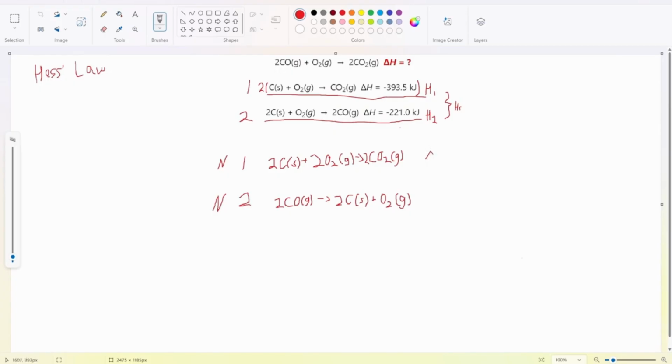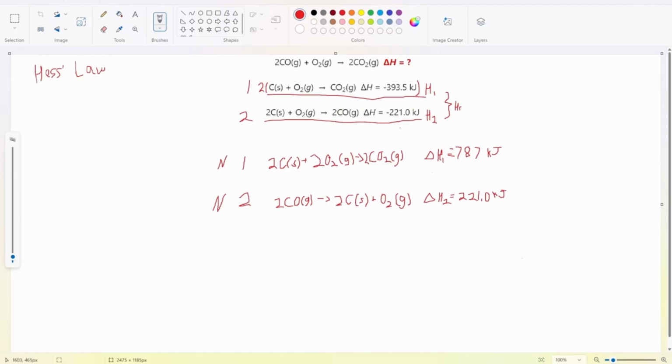So now the delta H1 equals negative 787 kJ, and the delta H2 for this one is equal to positive 221.0 kJ, and this is because we flipped the entire equation, which means you also flip the sign, right?